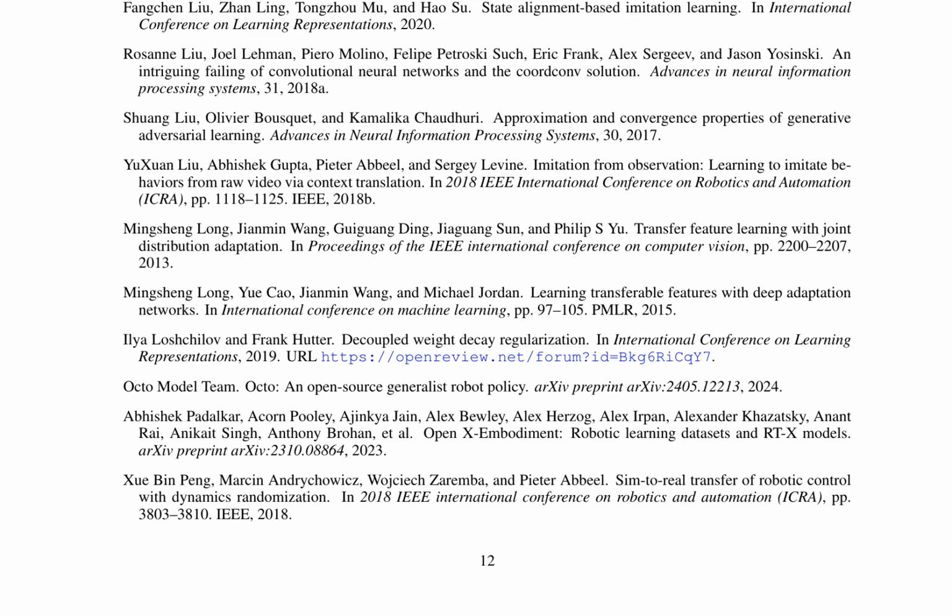Imitation from observation, learning to imitate behaviors from raw video via context translation, transfer feature learning with joint distribution adaptation, and learning transferable features with deep adaptation networks are additional areas of focus. Decoupled weight decay regularization, open-source generalist robot policies, and robotic learning datasets and RTX models are also examined.